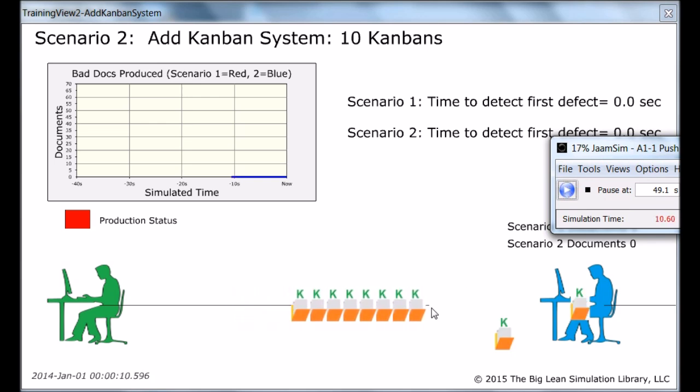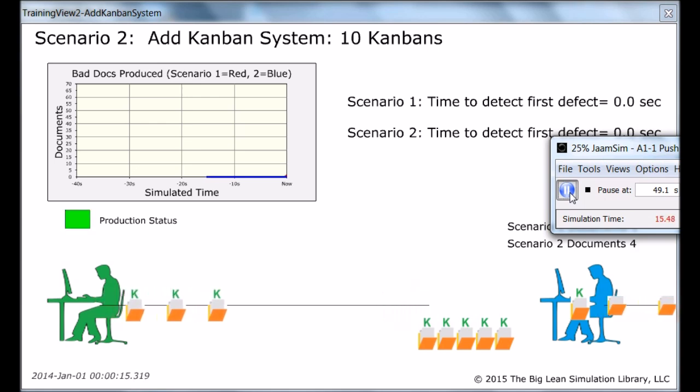Okay, so he's still not producing because he didn't get the Kanban yet. Okay, so the blue workstation finished the document. He took the Kanban off, so he released the document with no Kanban, and the Kanban went back to the green station, and he was able to produce. And so he made one real quick, and is already waiting for the next one.